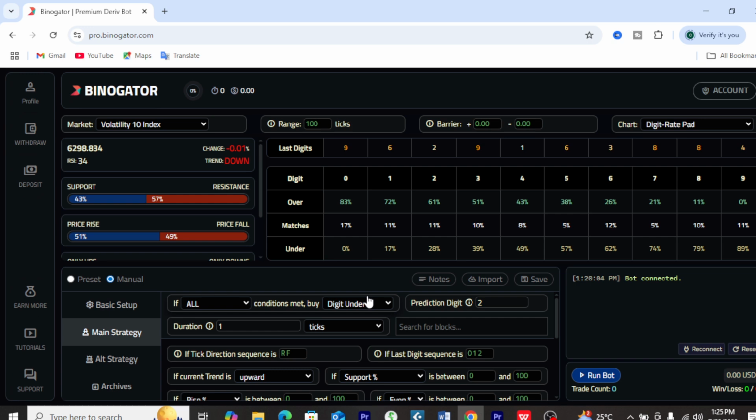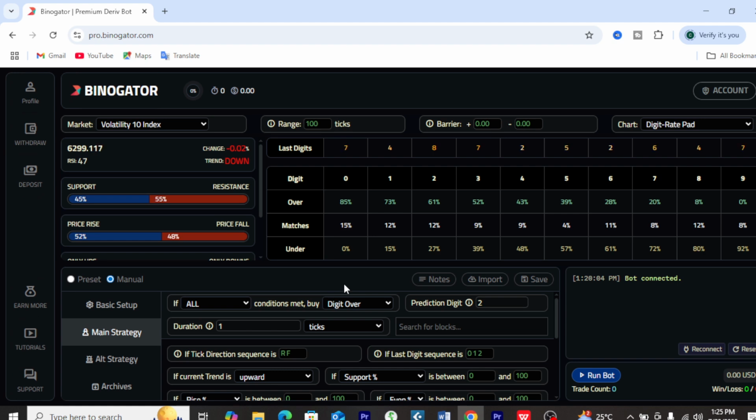Now, the payout of this particular contract depends on the probability of whether over or under is more likely to happen. If you set the condition to over 2, the numbers that are over 2 are more. That is, we have 3, 4, 5, 6, 7, 8, 9. We have 7 numbers that are over 2. So the payout is going to be a little smaller.